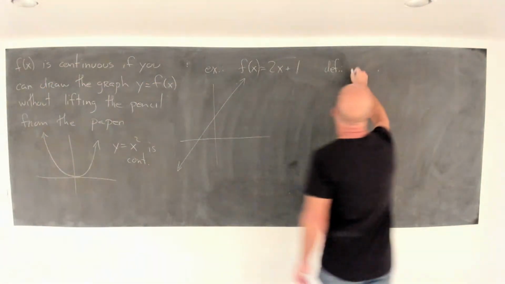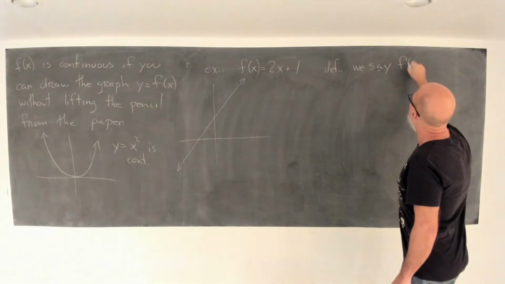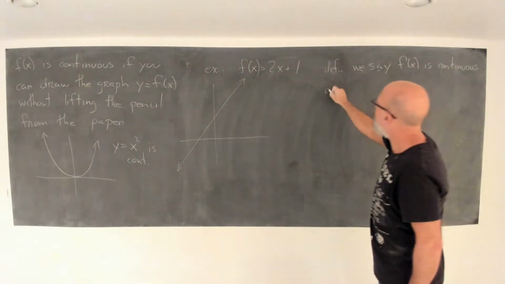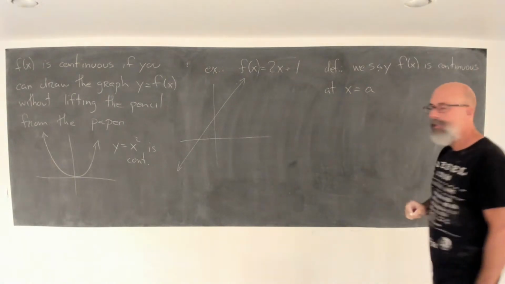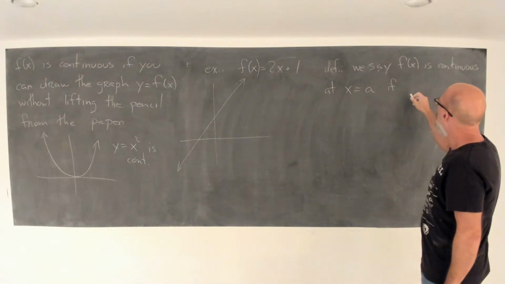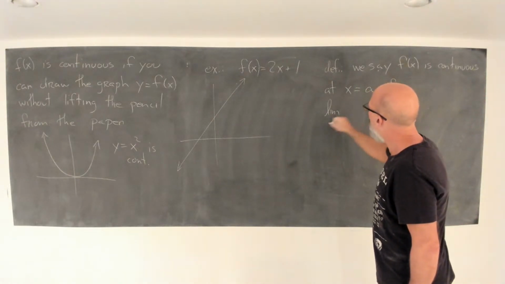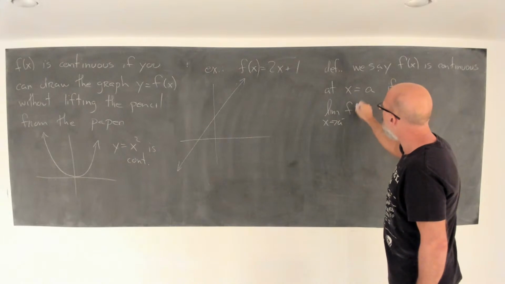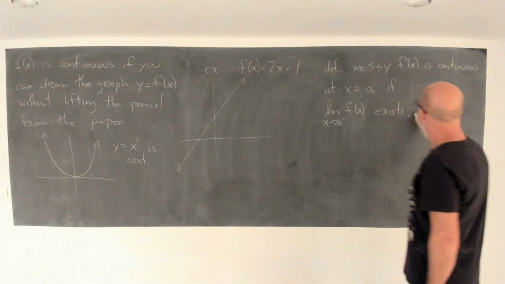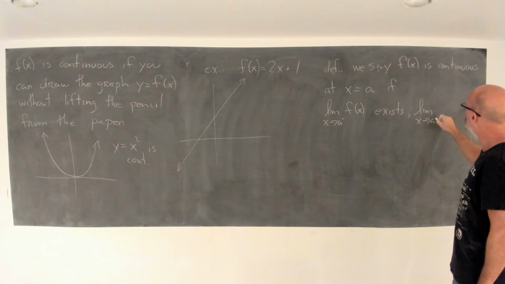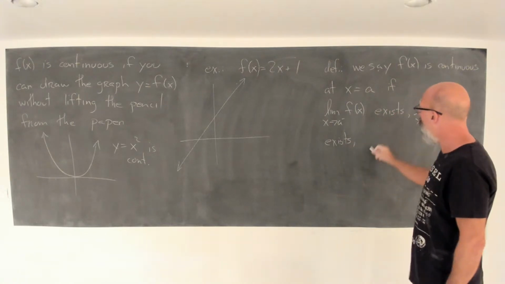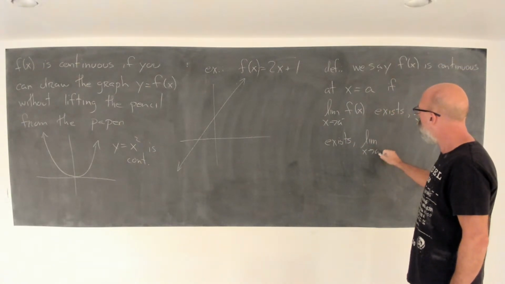We say f of x is continuous at x equals a, just at one point, if the limit from the left exists, the limit from the right exists, they are equal.